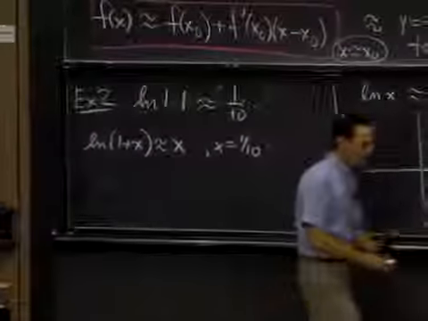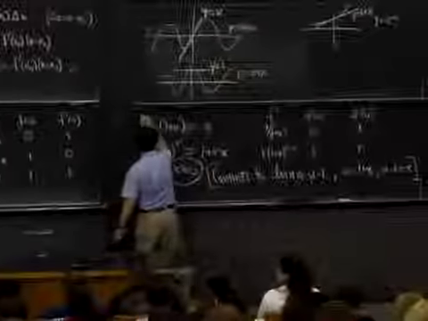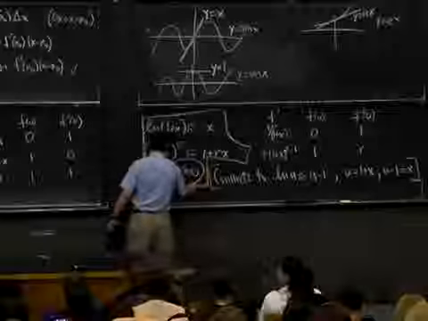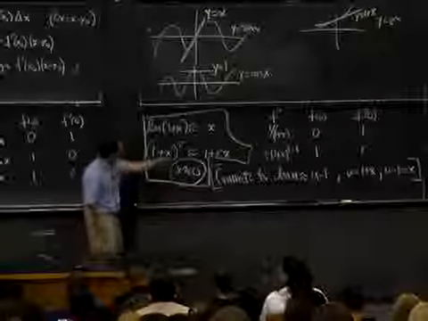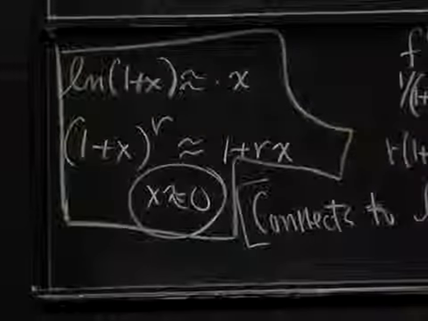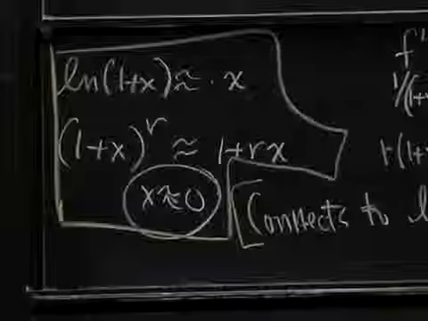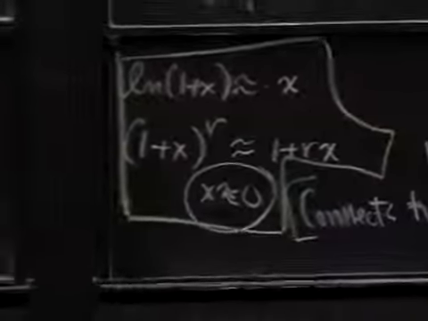So that is the formula. Maybe I should put a box around these two formulas too. That's this formula here applied with x equals a tenth. I'm claiming that a tenth is a sufficiently small number, sufficiently close to 0, that this is an OK statement.